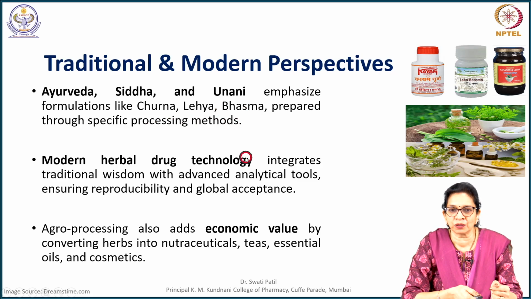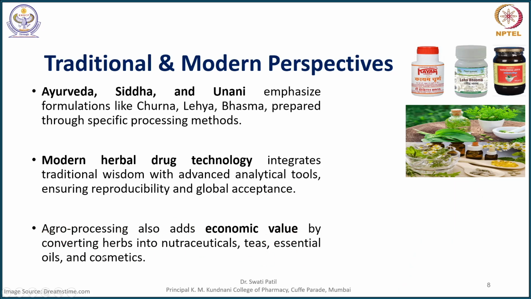Modern herbal drug technology integrates the traditional wisdom with advanced analytical tools, ensuring reproducibility and global acceptance. The agro processing also adds economic value by converting herbs into nutraceuticals, decoctions or teas, essential oils and cosmetics.